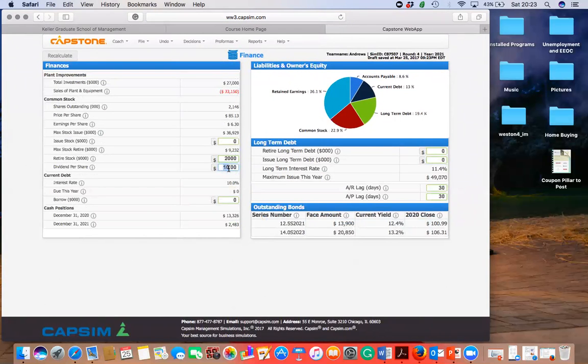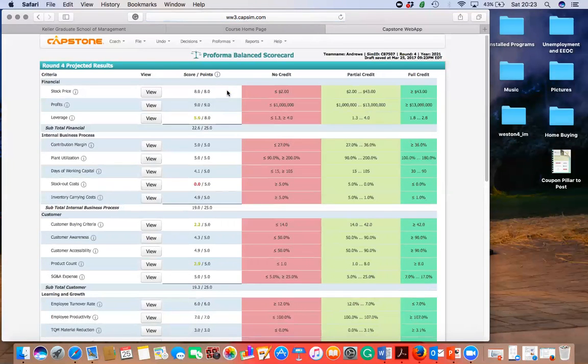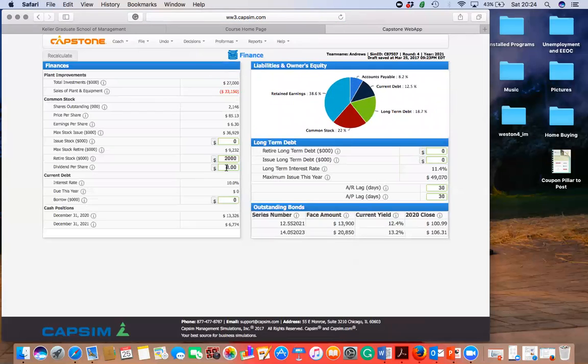Let's do 8. Brittany, do we have enough money to burn to give a higher dividend? Well, we just did, and it made our days working capital go down. So we did $10, and it made our days working capital go down. So what I'm thinking is we are going to retire a mill and see what that does for us.